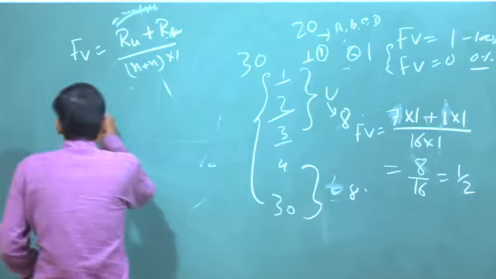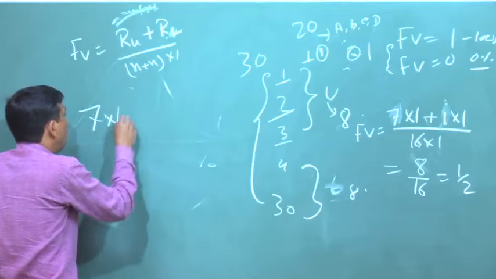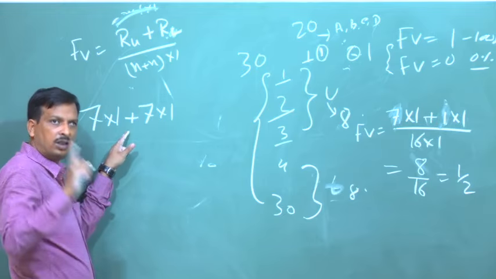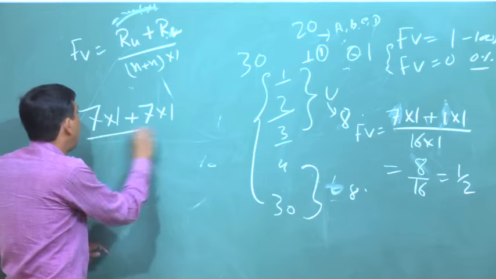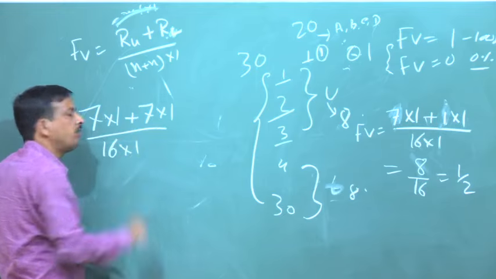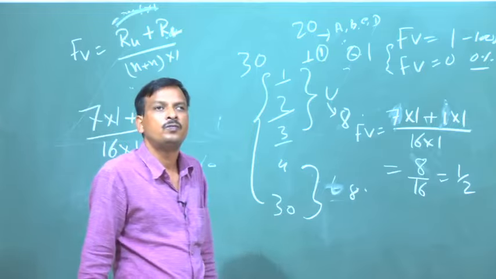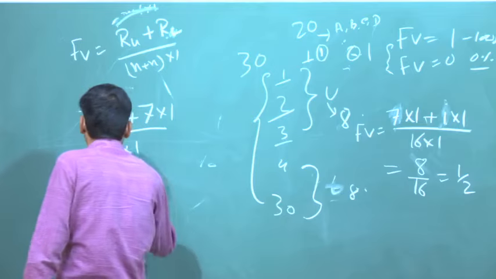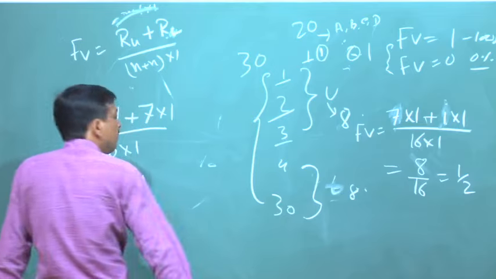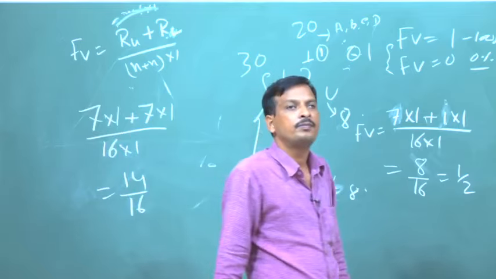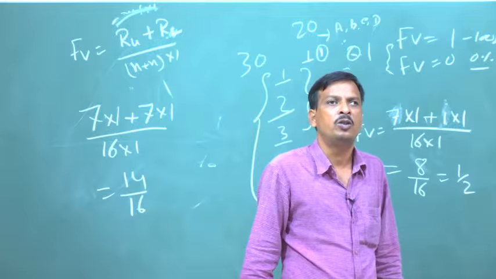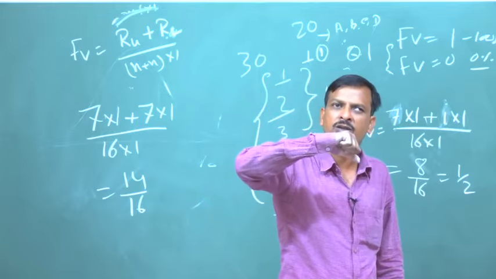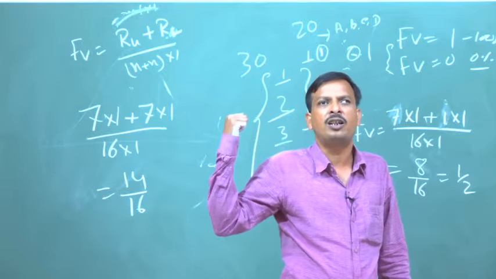So, 7 students of the upper group plus 7 students of the lower group, each carrying 1 mark, divided by the group size into 1 mark. So, 7 plus 7 is 14, divided by 16, is the facilitation value. So, I can say this question is easy compared to the previous question, because the facilitation value is close to 1.